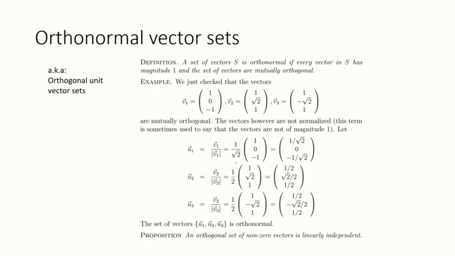If those vectors are not only orthogonal to each other but also normalized, normalized means the vector is divided by its norm, so it's back to the unit circle or sphere. So this is called an orthonormal vector set.